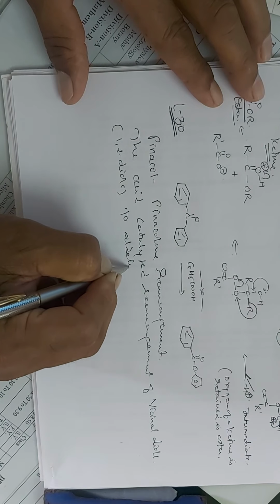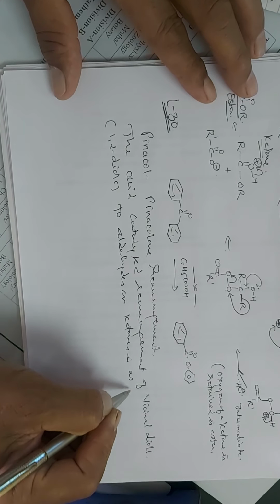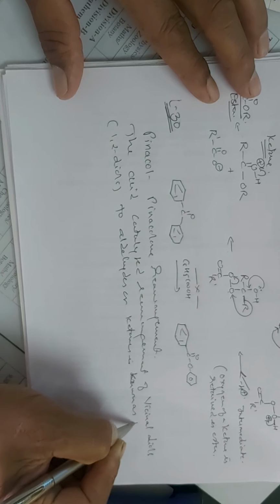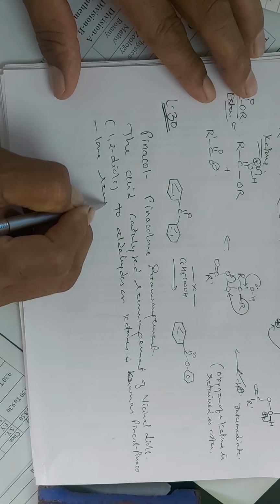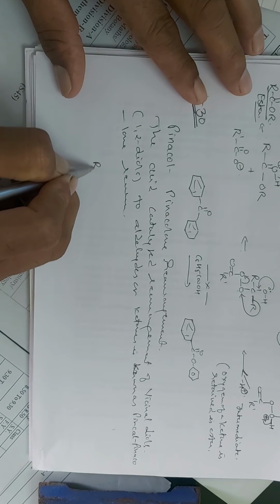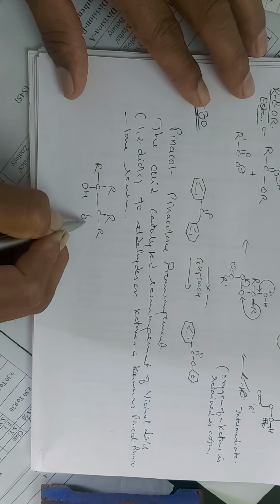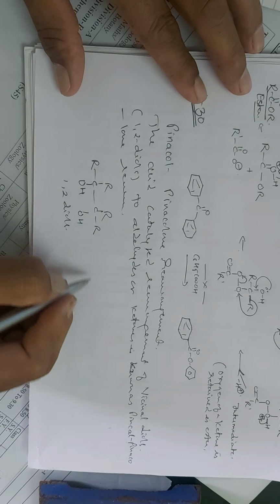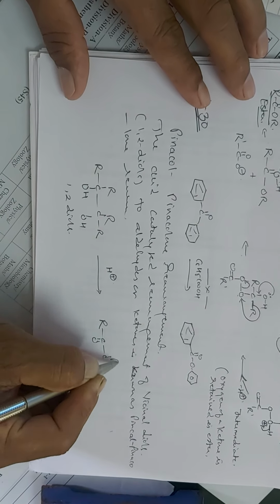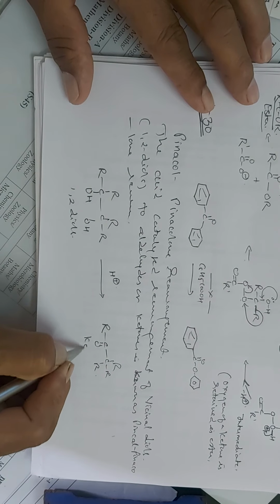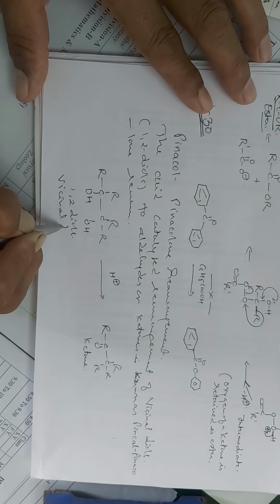to aldehydes or ketones is known as the Pinacol rearrangement. Here, in this simple reaction, these are the 1,2 diols, and on treatment with an acidic catalyst you will get the formation of a ketone, depending upon the starting molecule, that is 1,2 diol or vicinal diol.